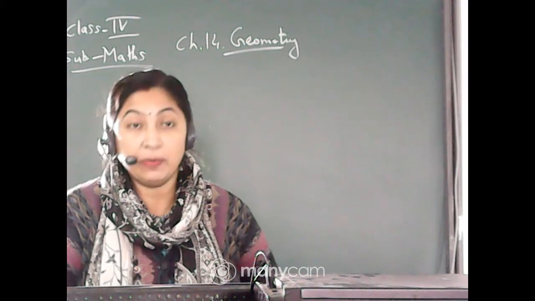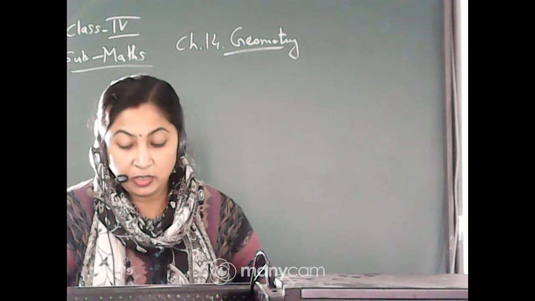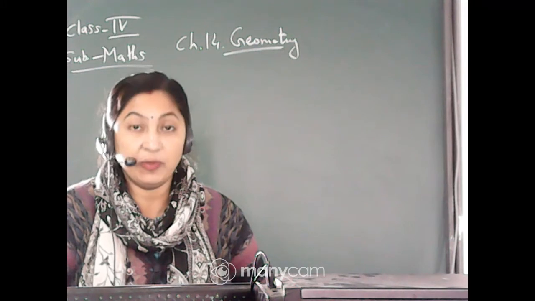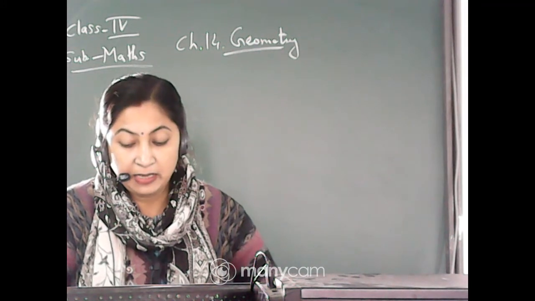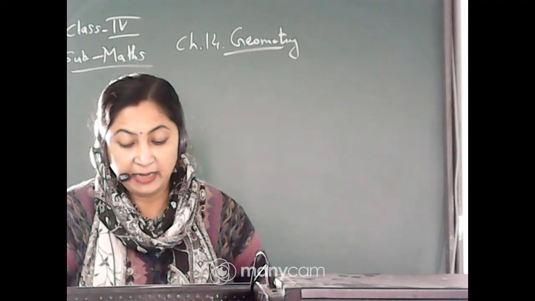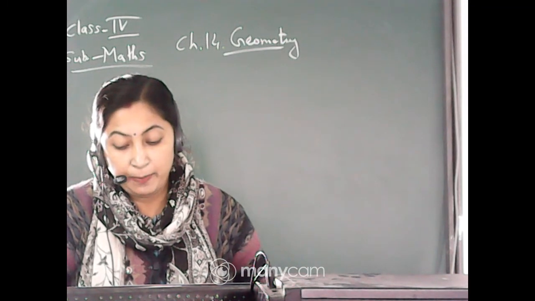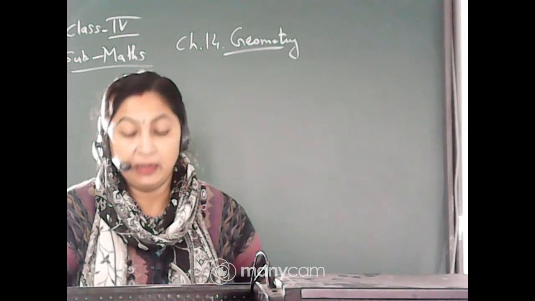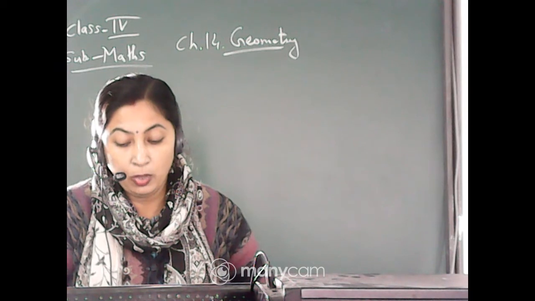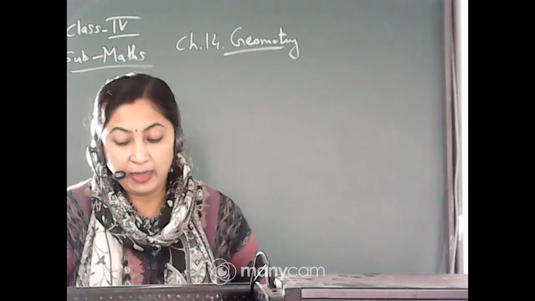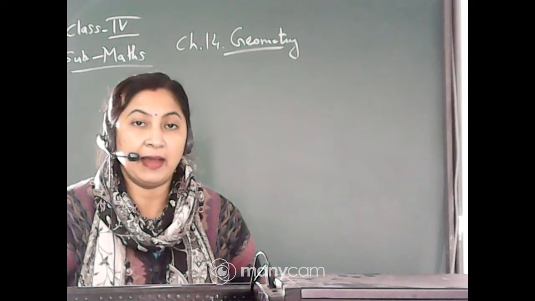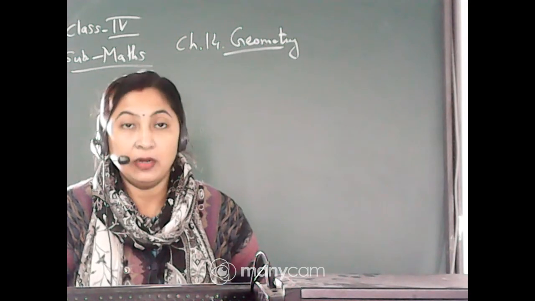Similarly, for question number D, it is also having 10 line segments and the names of the line segments are AB, and then BC, CD and DA. Next is BD and AC, and the others are AO, OC, OD and OB. So this way there are 10 line segments for number D also.